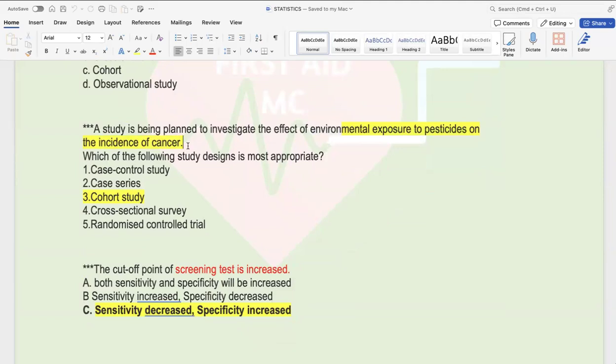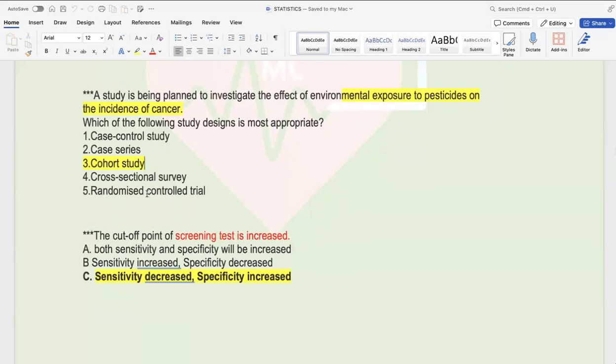When they say you want to study whether environmental exposure to pesticide causes cancer, and they already said incidence, and incidence is usually done by cohort anyway. You can't do case control to find out the incidence. So that's a cohort study. Okay. These types of questions come more in the exam. They just give you a scenario and ask what study is the best.